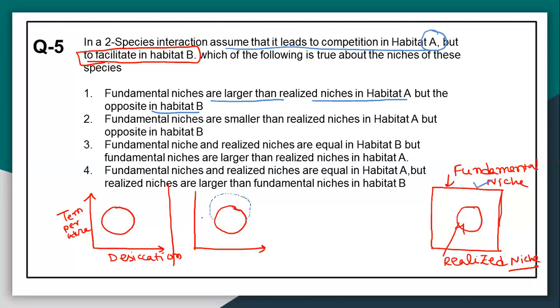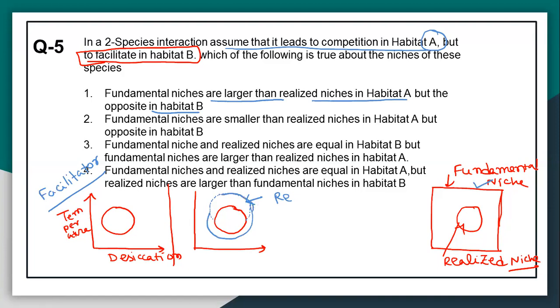But if the facilitator species is present, the facilitator species reverses it, because here the realized niche is larger than the fundamental niche.